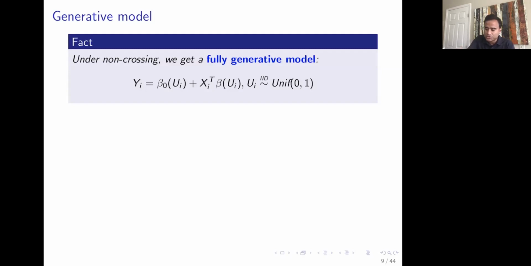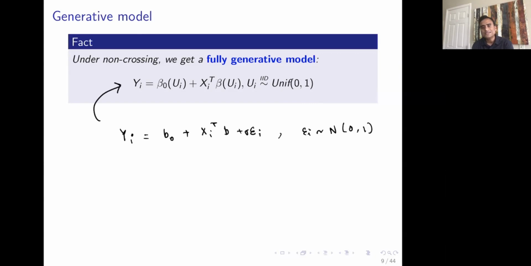Take this as a counterpart to what you would typically have: y_i equals beta 0 plus x_i transpose b plus sigma epsilon_i, where the epsilon_i's follow a standard normal 0, 1. That would be a standard normal linear regression model. So it's the counterpart of this that's given by this equation.